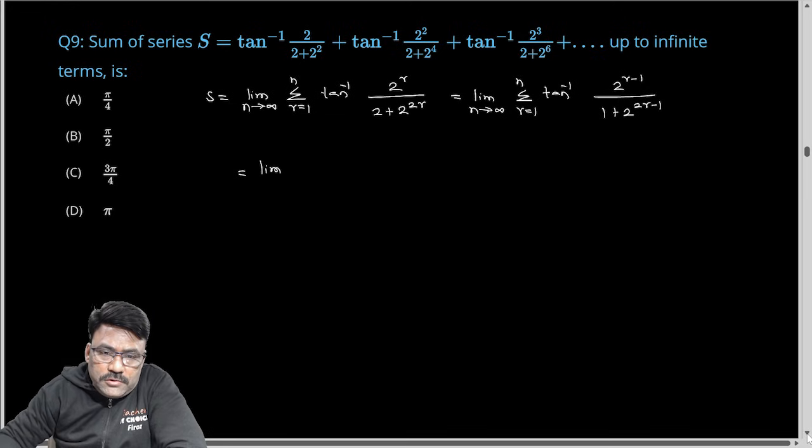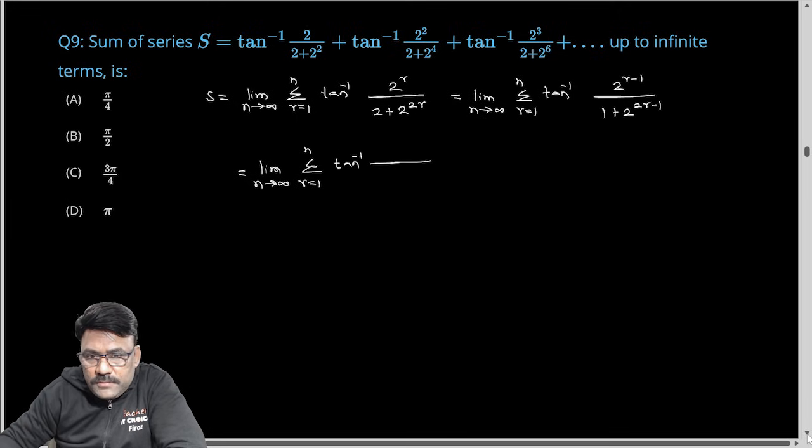Limit n approaching infinity, sigma r varying from 1 to n. Now it can be written as tan inverse. See the denominator, 1 plus 2 raised to 2r minus 1. It can be written as 2 raised to r times 2 raised to r minus 1. And numerator can be written as 2 raised to r minus 2 raised to r minus 1.